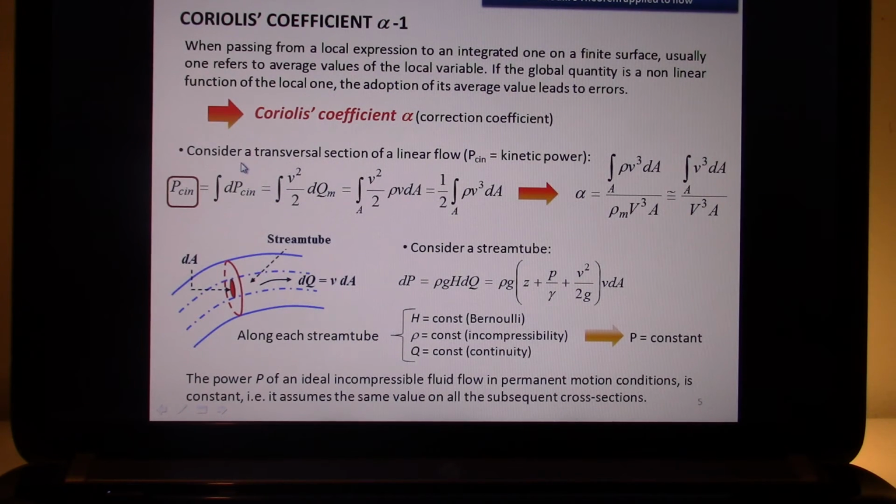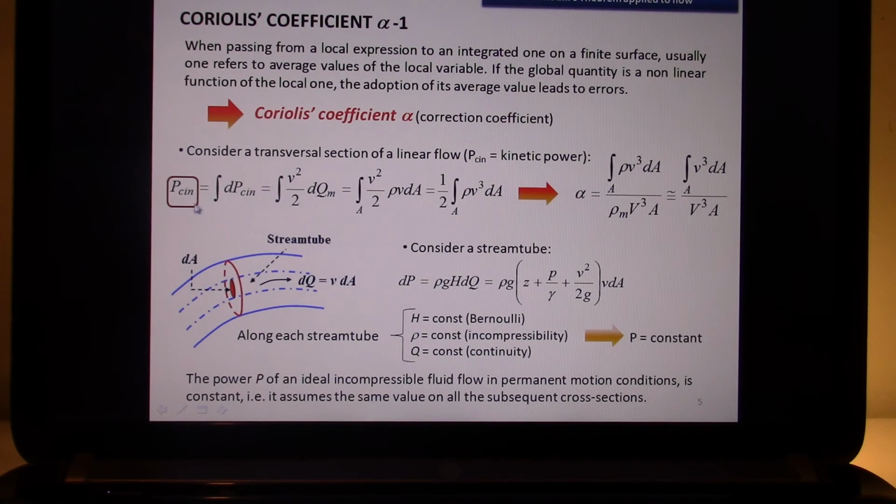Alright, so let's start defining what the Coriolis coefficient is. Consider right now a transversal section of a linear flow. We want to define the kinetic power.